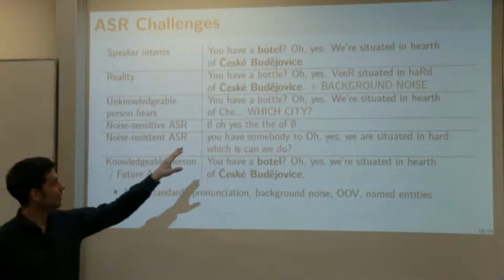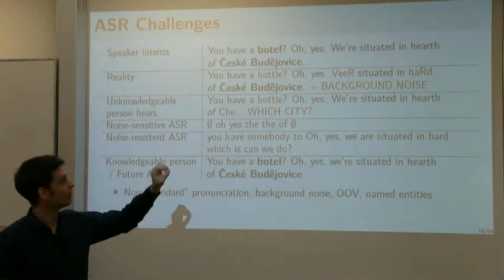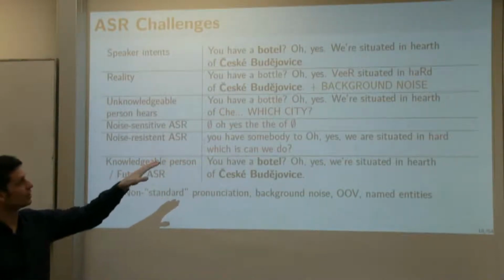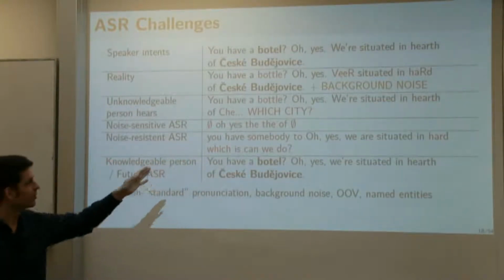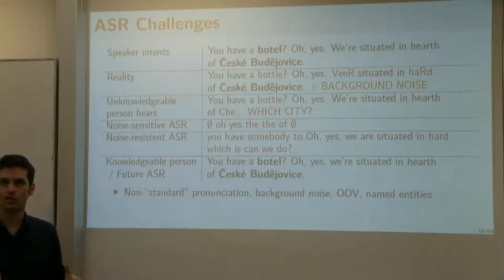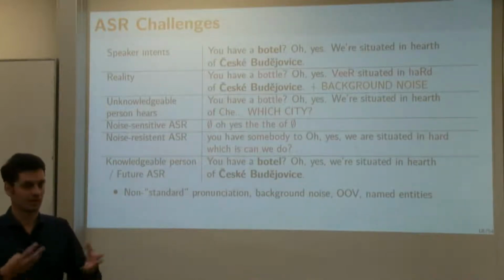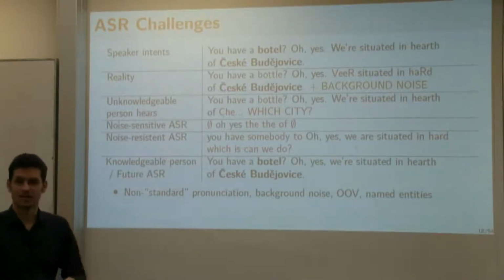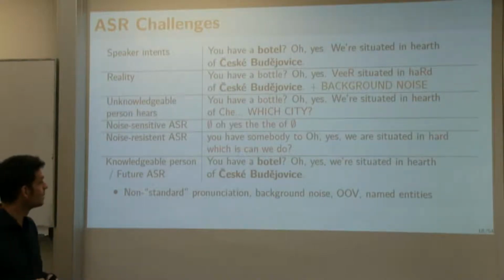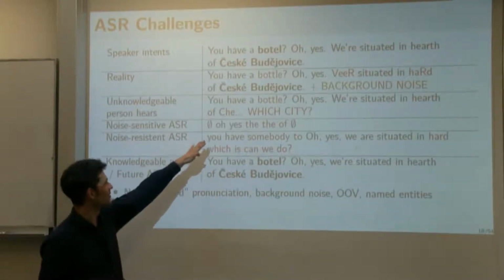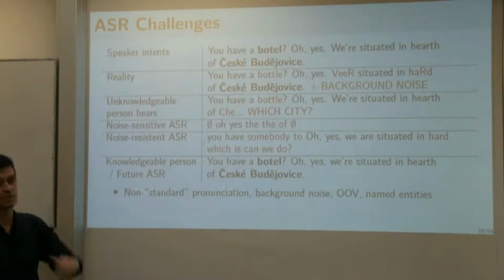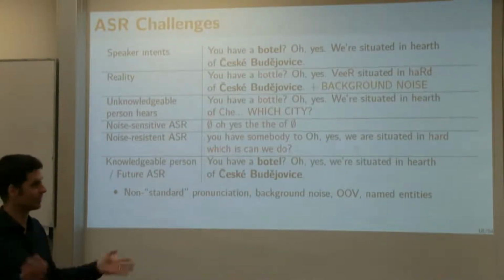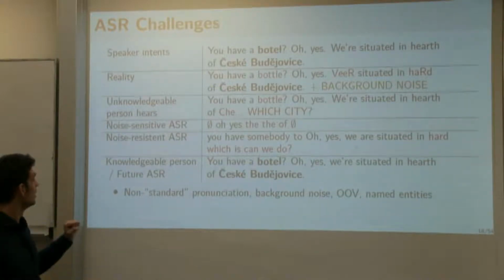And the listener would be able to recover from the mispronunciation of heart and of weir, but he may not know České Budějovice, so then he would know that some city name was mentioned, but he would not be able to recognize it. The current best systems that we had recognize just "oh yes," the off, because the noise was so bad that they simply couldn't catch up, couldn't recognize any words.